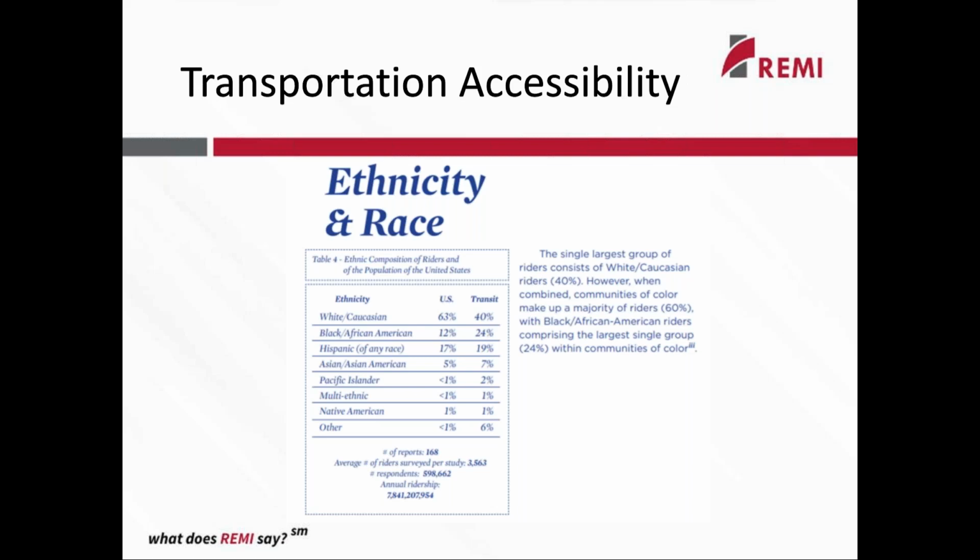You see that overall the largest group are white / Caucasian people, but given the proportion of the U.S. population that they make up, they're underrepresented in transit, whereas Black, Hispanic, Asian American, Pacific Islander, etc., are proportionally more likely to use transit, as we might expect from the previous graph showing us the percentage of communities with access to a vehicle at home or without access.